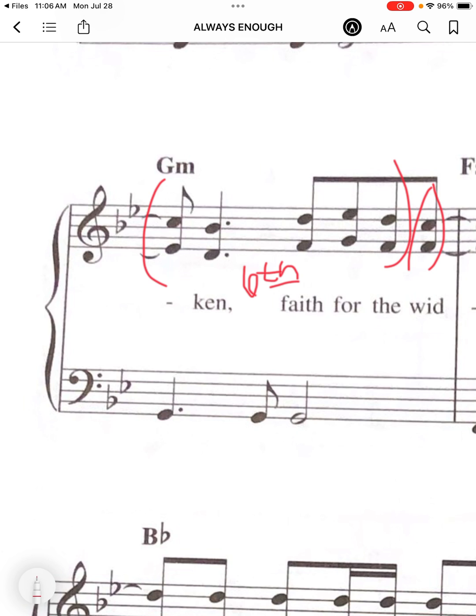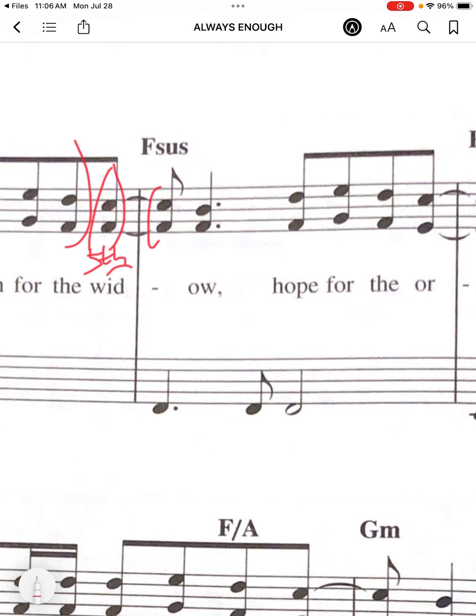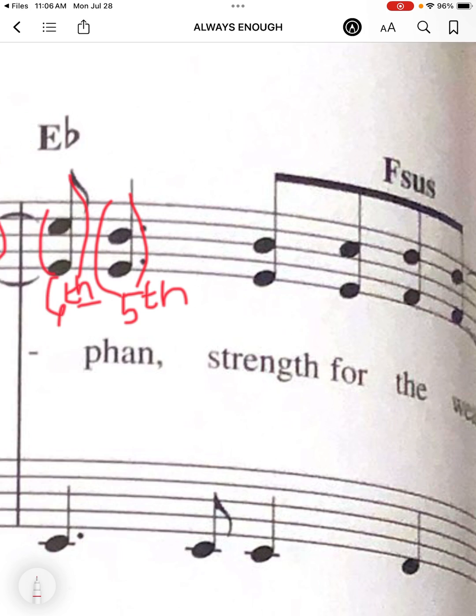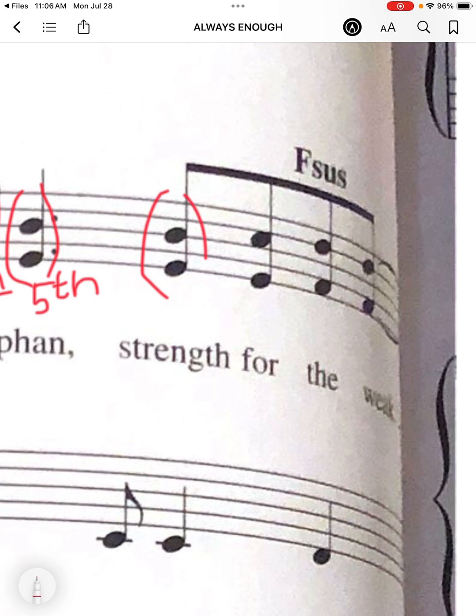And then these are going to be a fifth. A fifth. A fourth. One, two, and it looks like these go up to sixth. And then interval. Sixth. Fifth. A fifth on you.